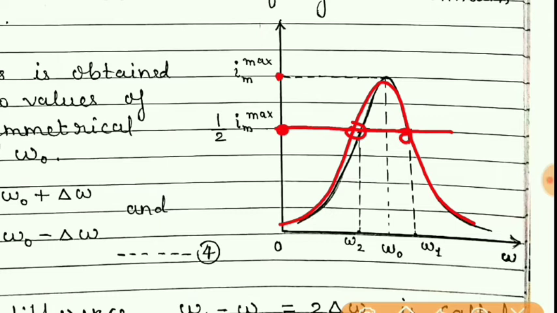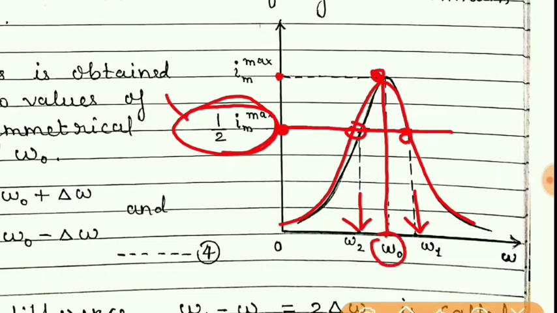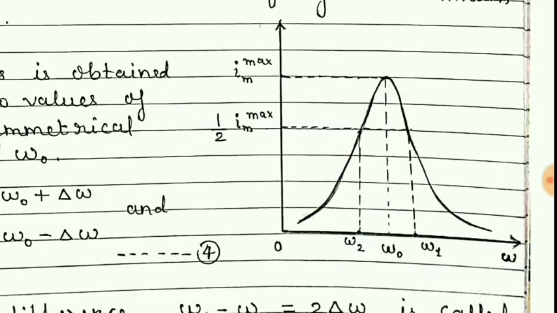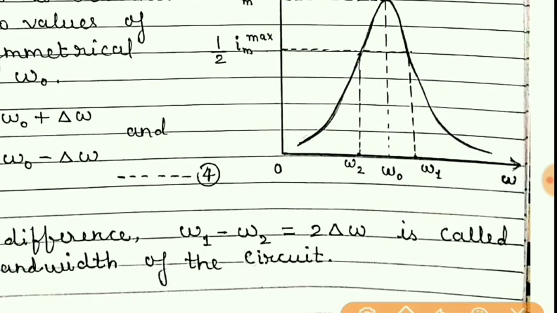It is clear that the half power value is obtained for omega 2 as well as omega 1. The maximum value is obtained at resonance, but this value is obtained for two frequencies, omega 1 and omega 2, and the difference between omega 1 and omega 2 is known as the bandwidth of the circuit.